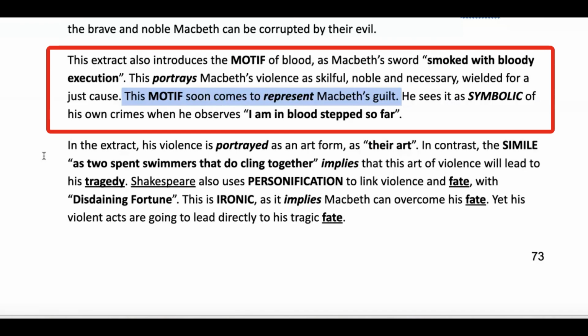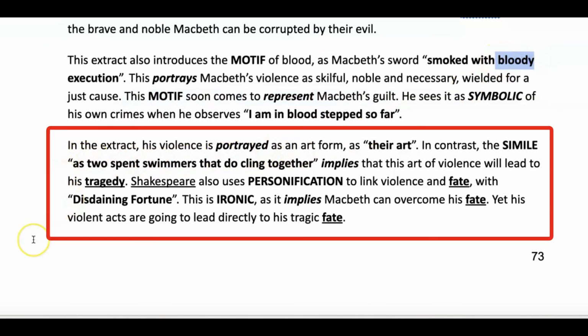So I hope you can see how this student's mind is working. Jump from the extract elsewhere all the time and just pick keywords in the quote that remind you of keywords elsewhere. In the extract, this violence is portrayed as an art form, as their art. In contrast, the simile as two spent swimmers that do cling together implies that this art of violence will lead to his tragedy.